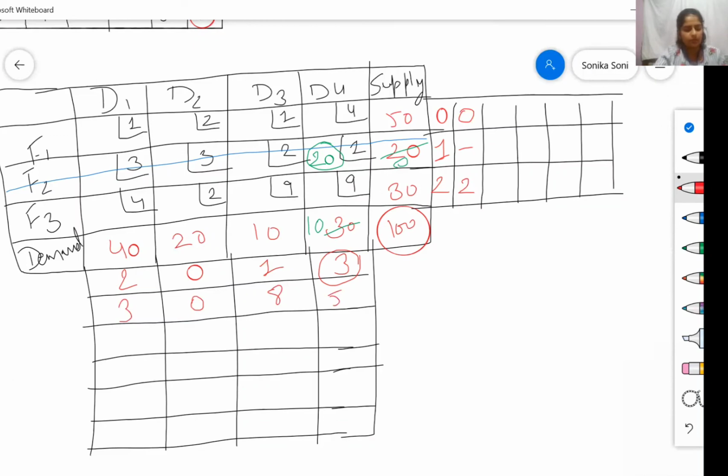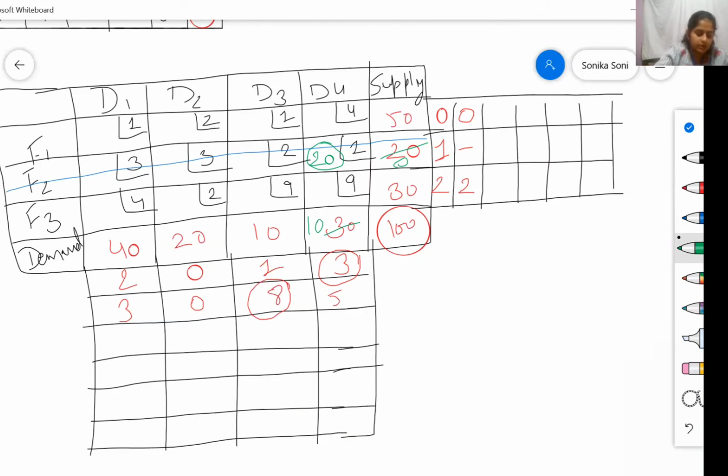In the second penalty row and column, the highest is 8 in the D3 column. Now we have to see the lowest cost in the D3 column. We have the lowest cost as 1, so we will allocate here in F1D3.